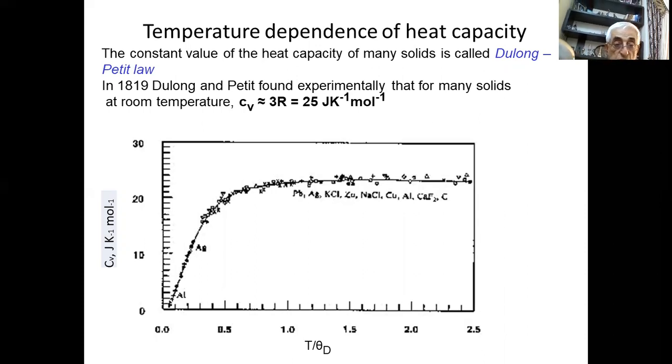This graph shows the variation of heat capacity at constant volume in units of joule per kilomole per Kelvin as a function of the ratio of temperature to Debye temperature. It can be seen that at the beginning, the heat capacity increases until it reaches a fixed value, approximately equal to 3R or 25 joule per Kelvin per kilomole, and then remains constant.